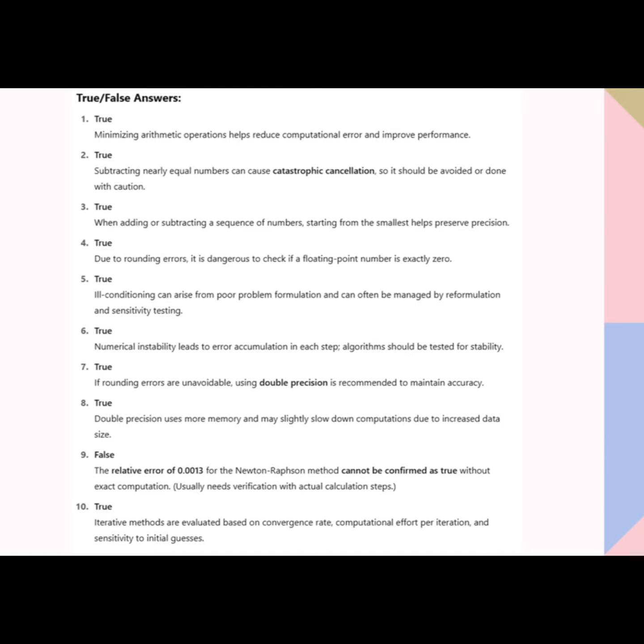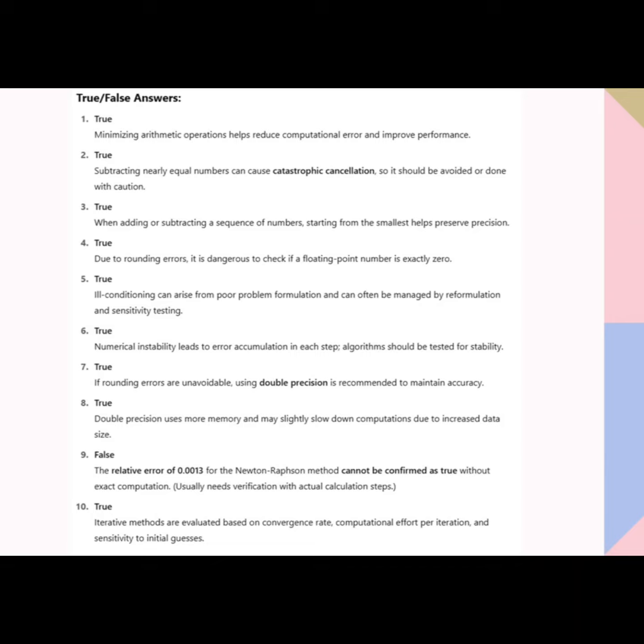Moving to the last question, that is true or false. First, minimizing arithmetic operations helps reduce computational error and improve performance. That is true. Second, subtracting nearly equal numbers can cause catastrophic cancellation, so it should be avoided or done with caution. Third, when adding or subtracting a sequence of numbers, starting from the smallest helps preserve precision.